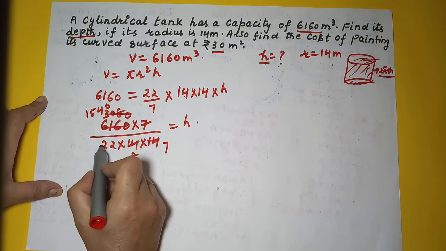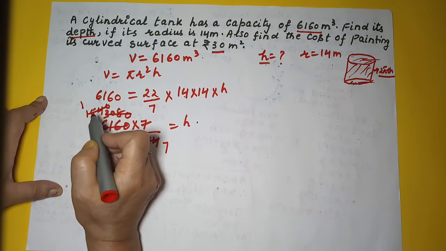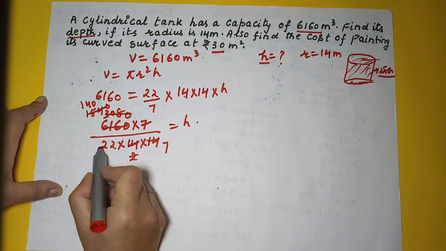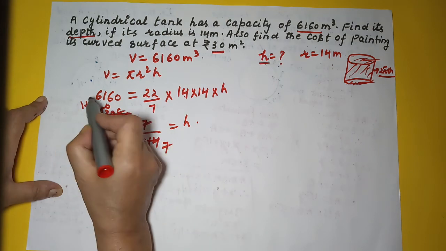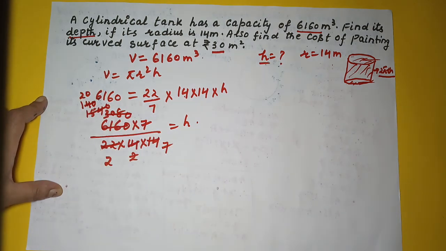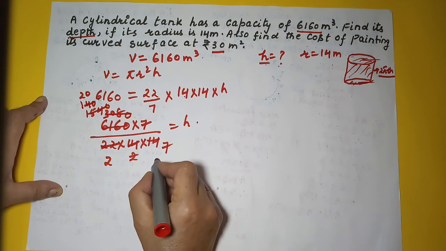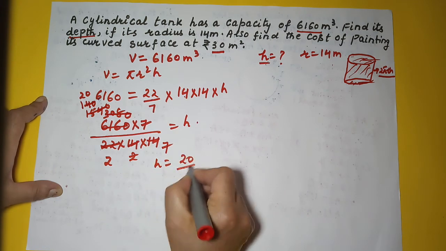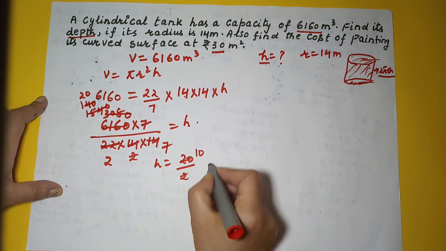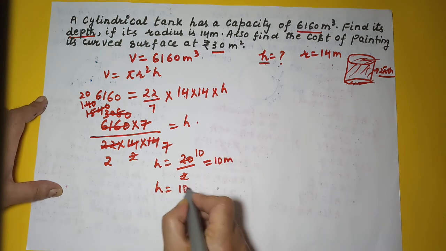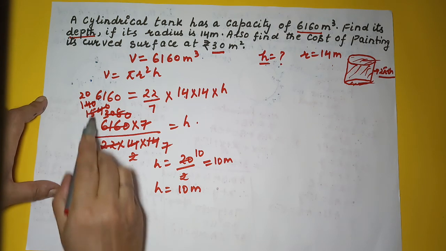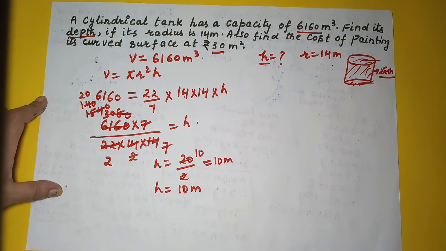Yes. 11 1s are 11, 11 4s are 44, 0, and 11 2s are 22. This will go by 7, 7 2s are 14. Now I am left with H is equal to 20 by 2. So 2 10s are 20. So I have found the value of H as 10 meters. Fine. Be very careful when you are doing these calculations.